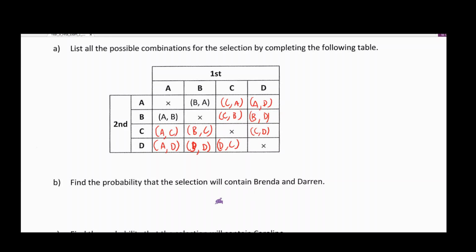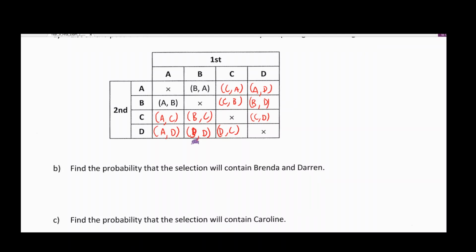Alright, find the probability that the selection will contain Brenda and Darren. So Brenda and Darren, there's only 2 of these. There's this one here, Brenda and Darren, and this Brenda and Darren here as well. So we know our numerator is going to be 2, but we need to find what the denominator is. So it's all the options.